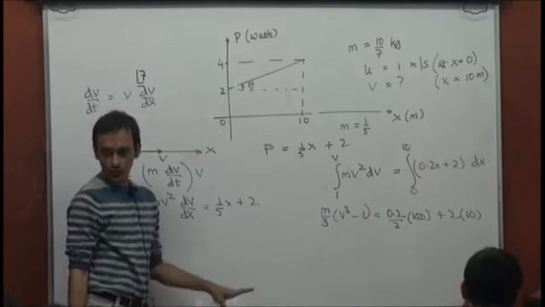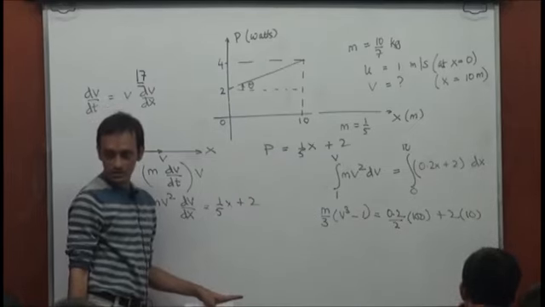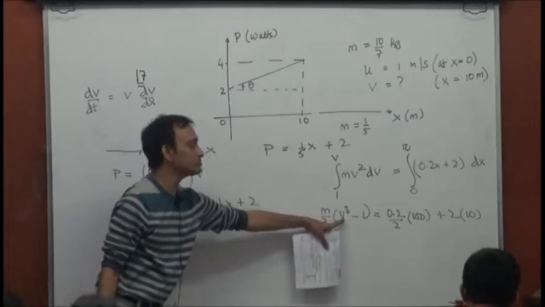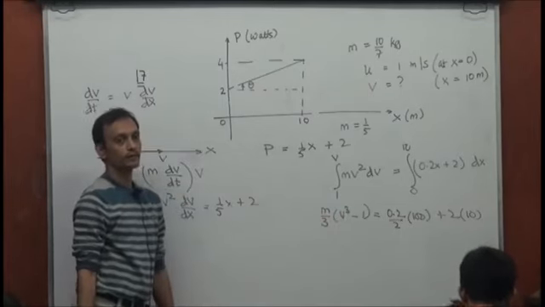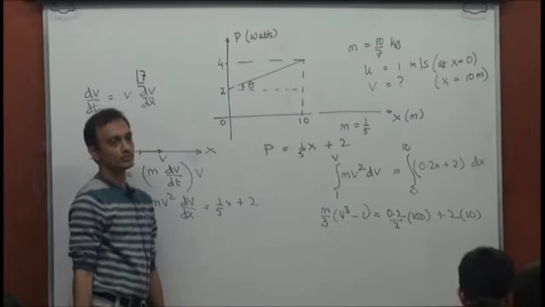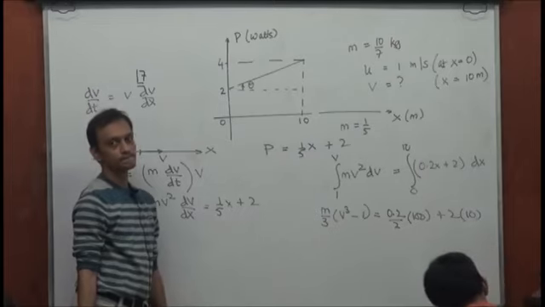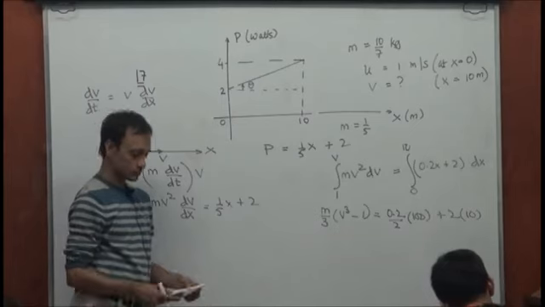I hope you realize what happens when I plug in the limits, and then you can compute v. This is the required v which could be computed. Have I confused you? No?